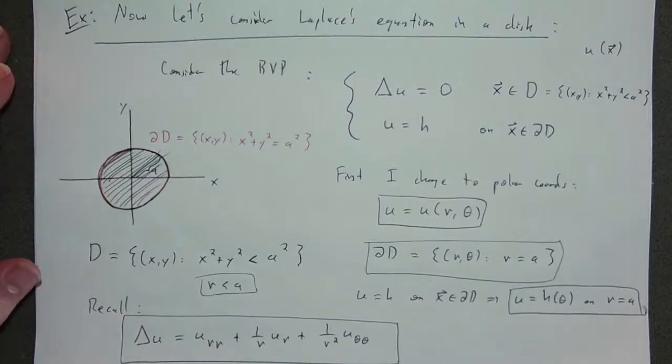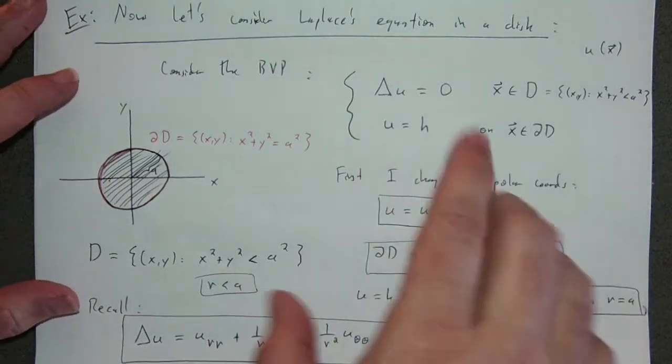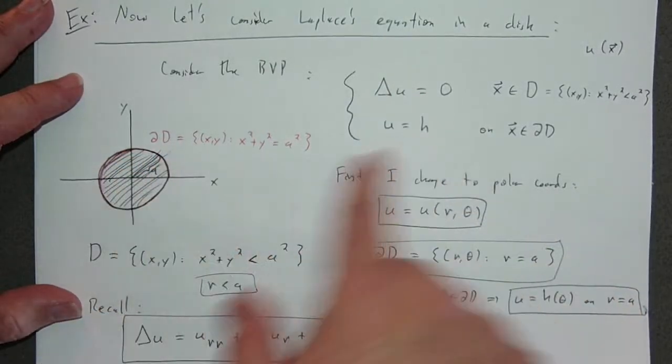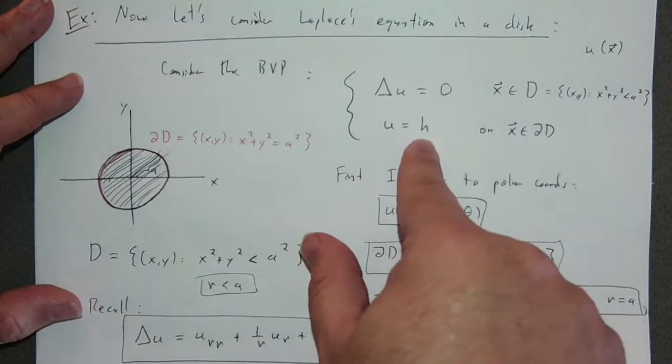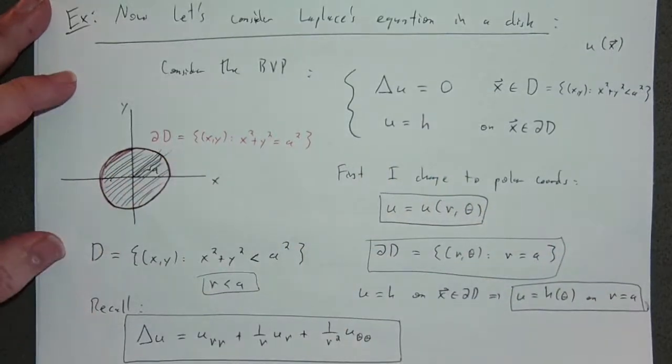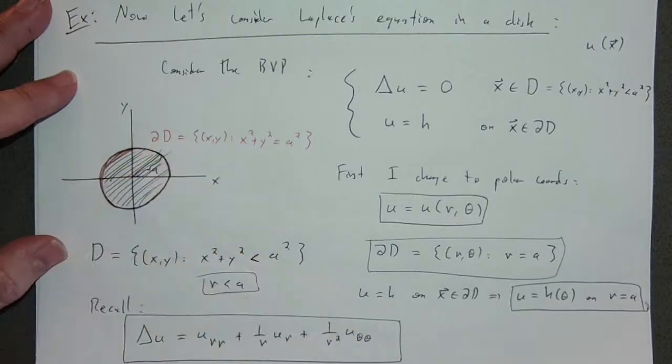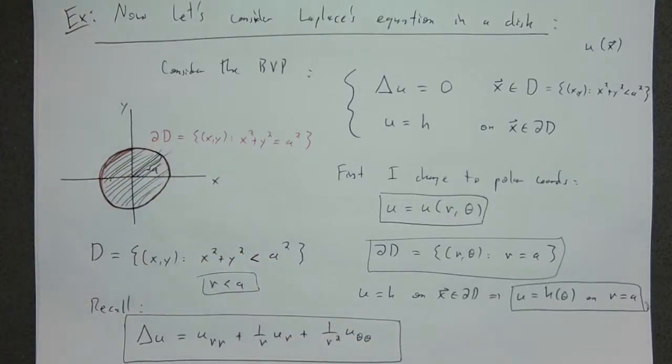We spoke about this when we first mentioned Laplace's equation: the Dirichlet problem amounts to finding a harmonic function that has the prescribed boundary condition, that is equal to some given function h on this boundary. So in this case, the domain in question is the open disk.